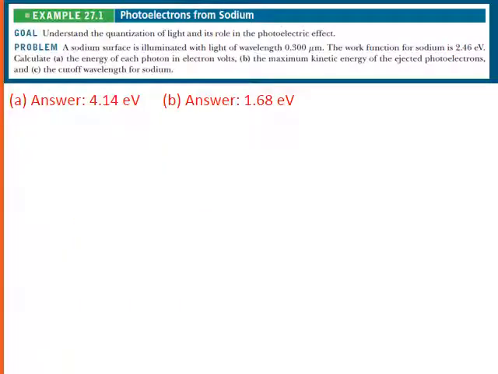And now let's proceed to part C. Calculate the cutoff wavelength for sodium. Now when we say cutoff wavelength, this is actually the wavelength of the photon that is associated with the smallest amount of energy that is capable of ejecting an electron from the metal surface.